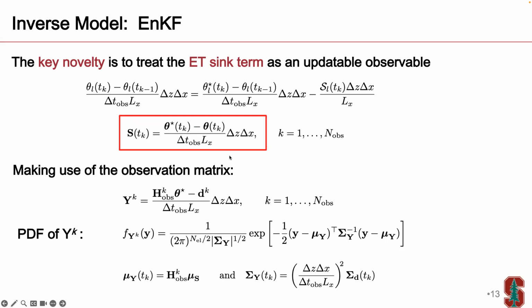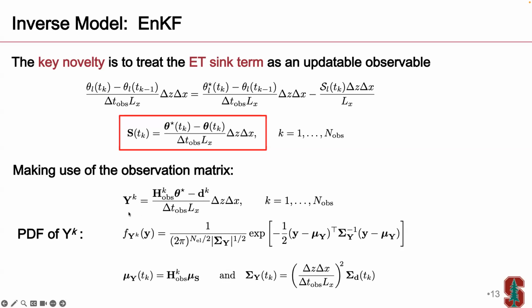And then we replace this random model prediction theta with the soil moisture measurements, and we make use of the observation matrix, and we could approximate the sink term with this Y_k term.